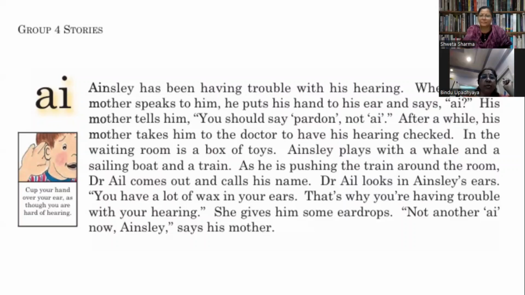In the waiting room is a box of toys. Ansley plays with a whale and a sailing boat and a train.